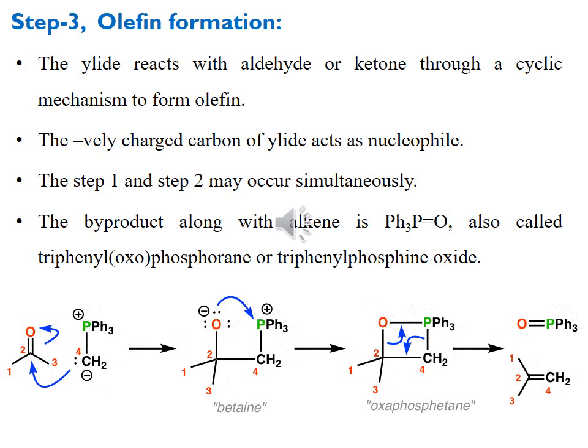The basic initiating step is the breakage of the carbon-oxygen single bond as compared to others like the phosphorus-oxygen bond, and we get the final product of alkene and triphenylphosphine oxide.